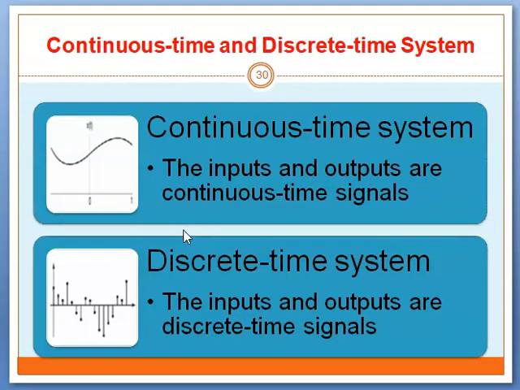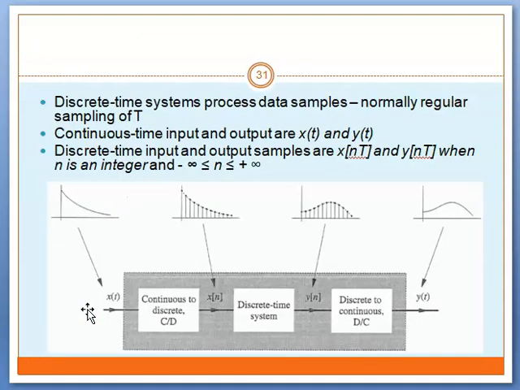Next, we have continuous time and discrete time systems. A continuous time system is when the inputs and outputs are continuous time signals, whereas a discrete time system is when the inputs and outputs are discrete time signals. It only occurs at specific times. A discrete time system processes data samples, normally regular sampling of t.